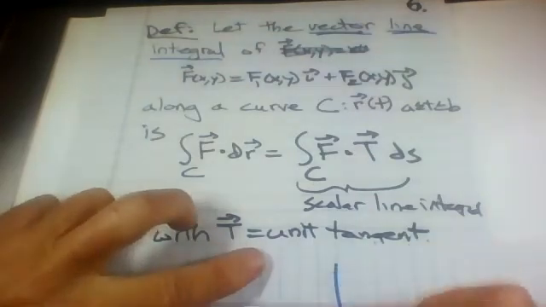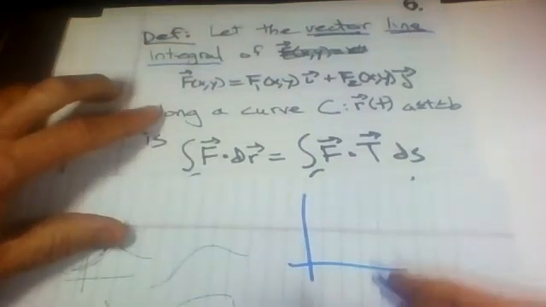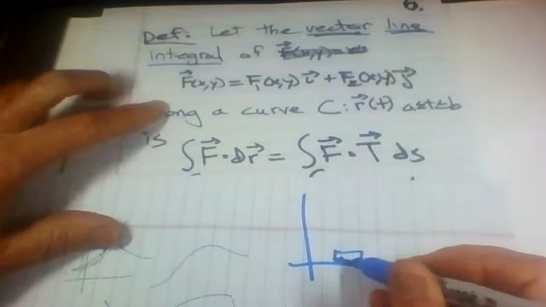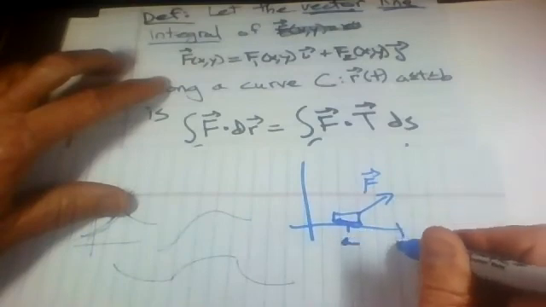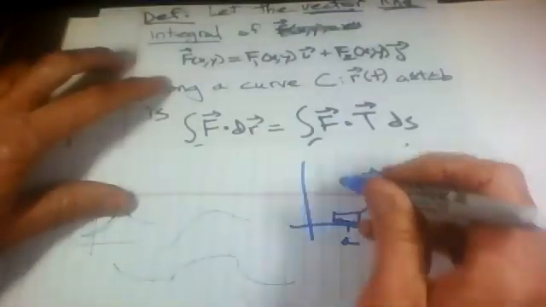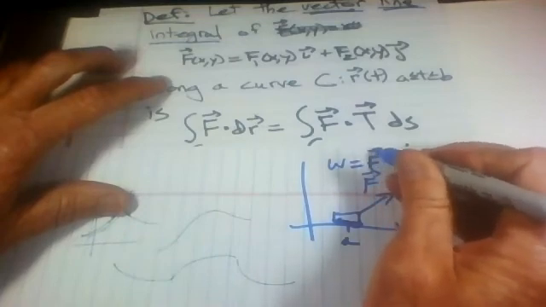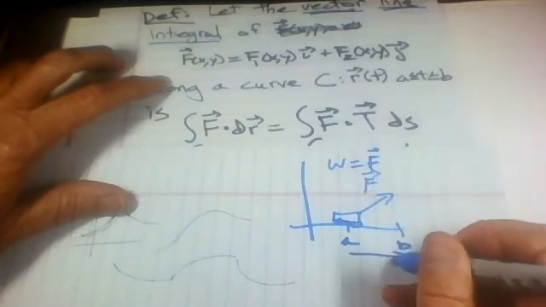Here's the concept. Concepts are very important. They help you to remember this stuff. If I have a force and I'm pulling a wagon along a path, remember how to calculate the work that I do along that path? How do I calculate the work pulling my wagon from point A to point B? If I pull with a constant force, it's the force times the displacement, right?